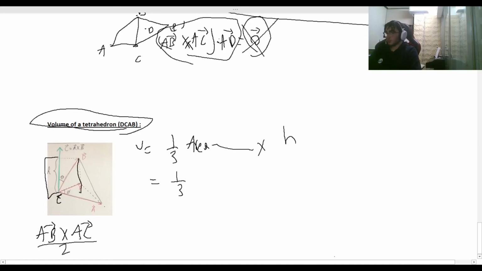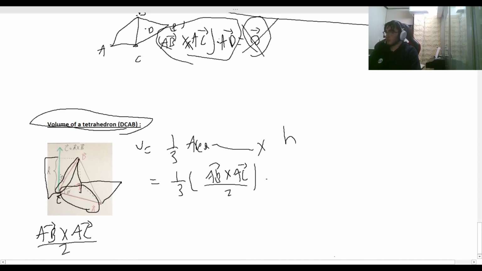Because it's a triangle. So the area of the parallelogram formed by AB and AC, for instance, whatever, a point over here, is equal to the magnitude of AB vector cross AC vector. So over 2, and that is equal to the area of the triangle, which is the base of the tetrahedron. So AB vector cross AC vector over 2 dot, so it's the scalar product with any of the tetrahedron's sides to get the height.